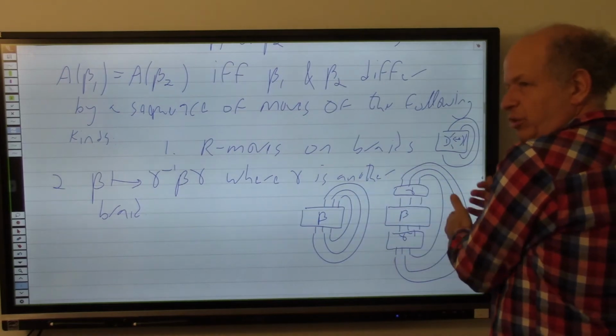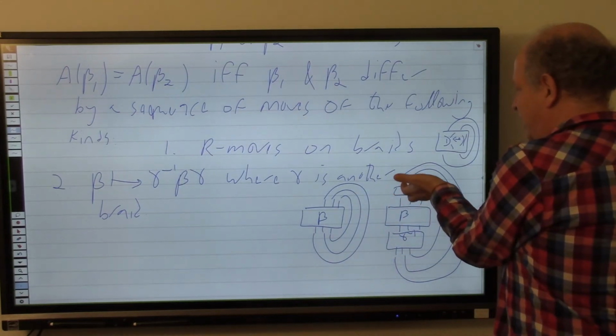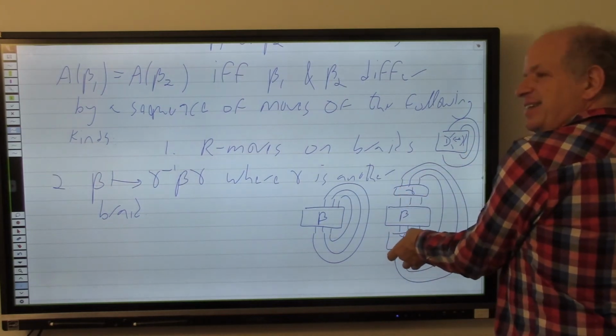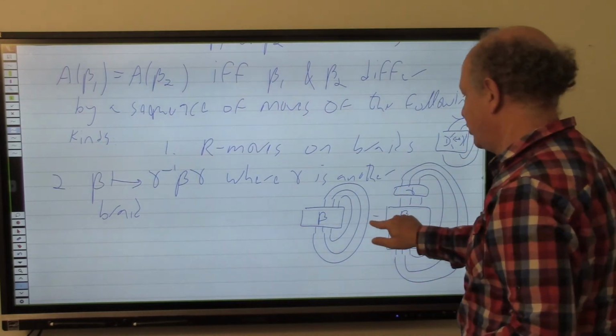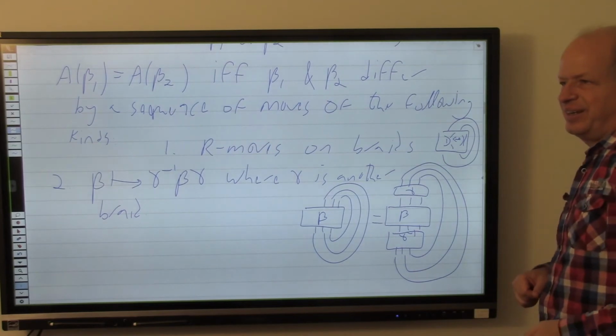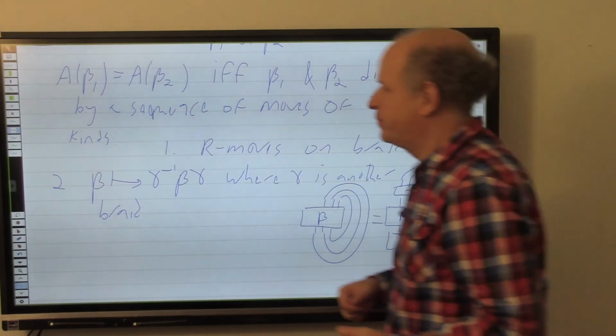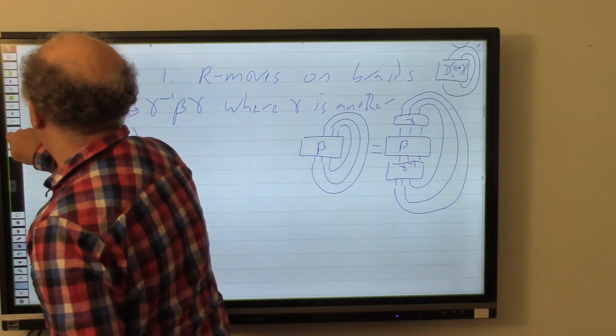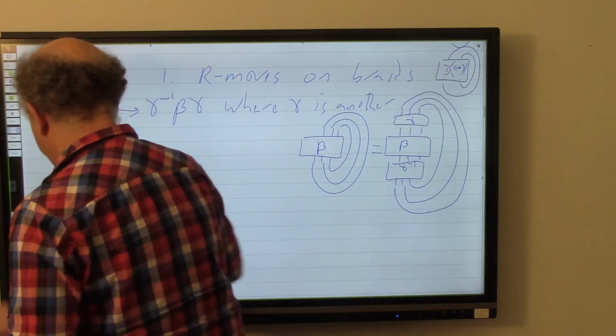So once you got a link, you can slide gamma around the bend, and then it cancels this gamma inverse, so these two are equal as links.